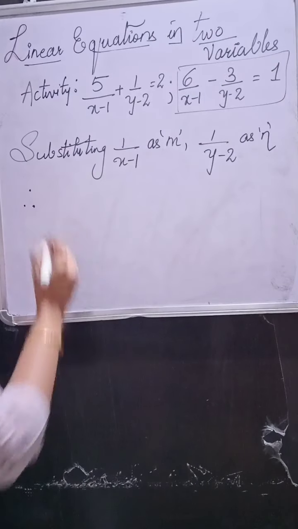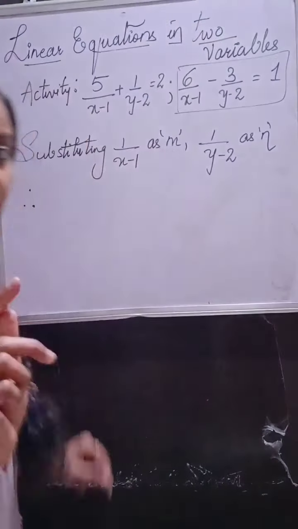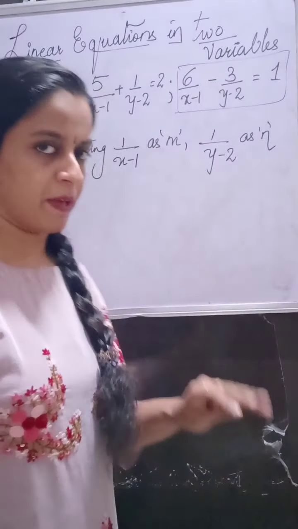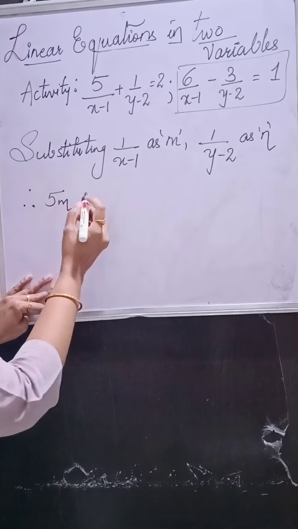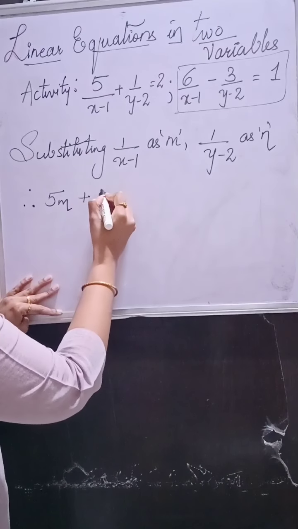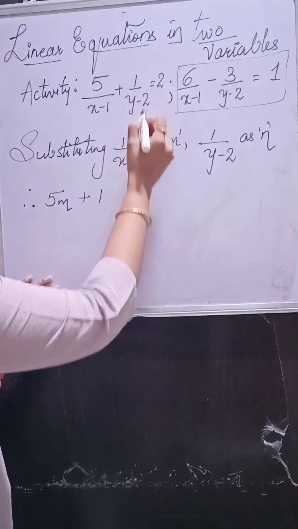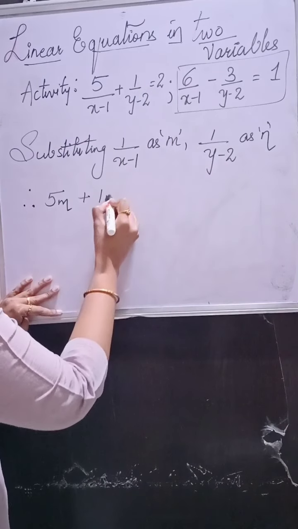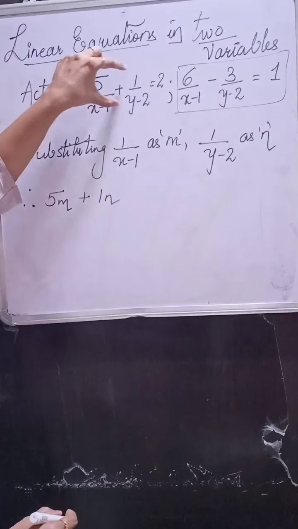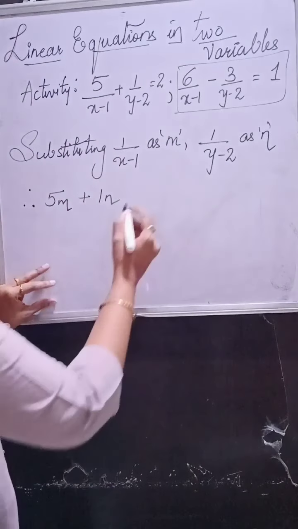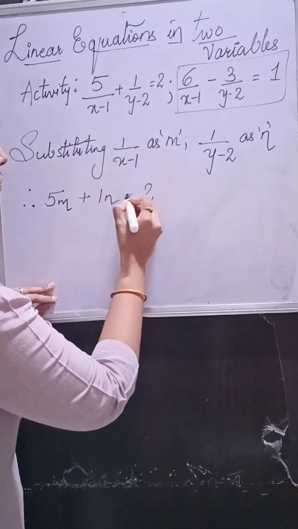Now we will solve it by the elimination method. The new equation will be 5m plus 1 upon y minus 2, which is nothing but n, so 1 into n, is equal to 2.